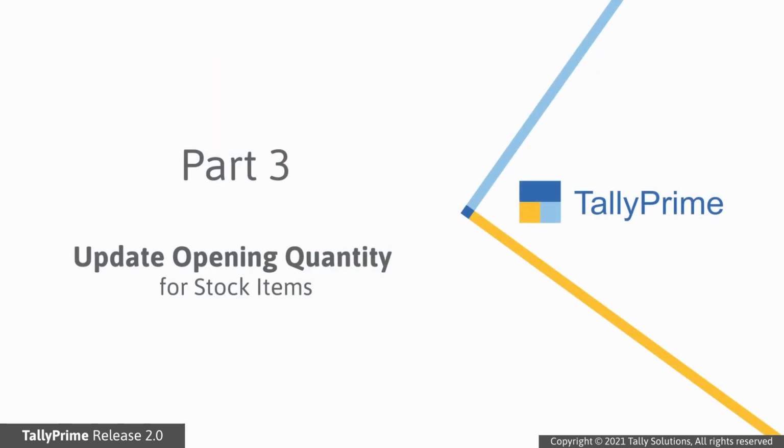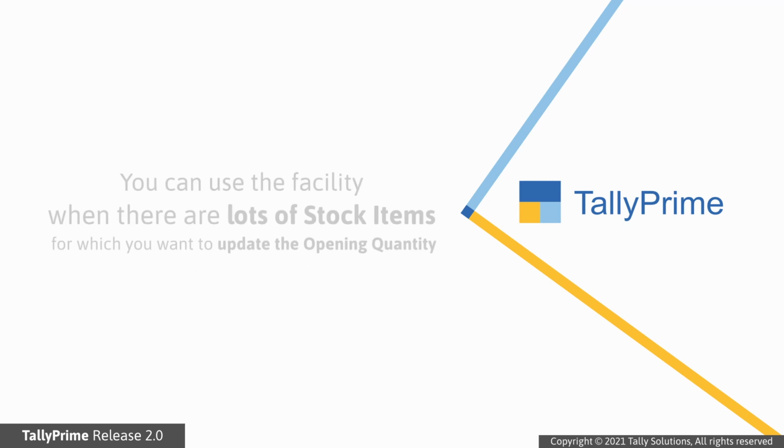You can also use this report to update opening quantity for stock items. Let us see how. It will come in handy when you have a long list of stock items with your opening quantities and you want to update in Tally Prime.